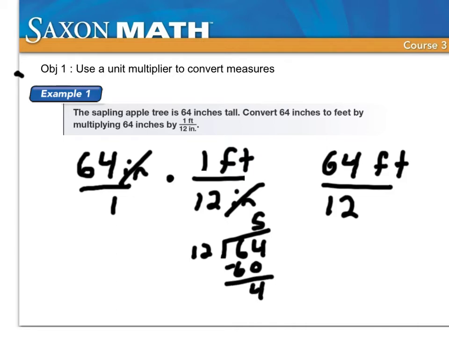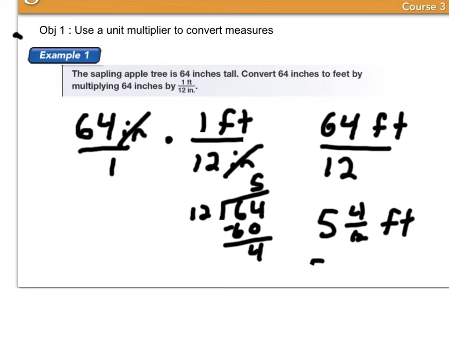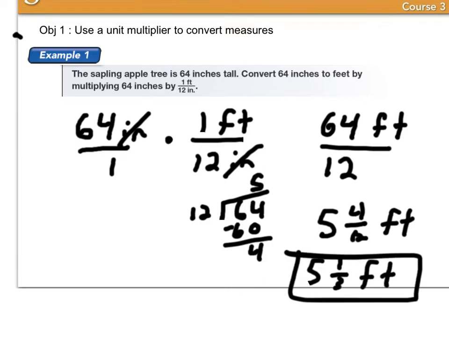Gives us a remainder of 4. So we've got 5 and 4/12 feet. We can't leave it like that. We need to reduce it, so that's 5 and 1/3 feet. So 64 inches is the same as 5 and 1/3 feet.